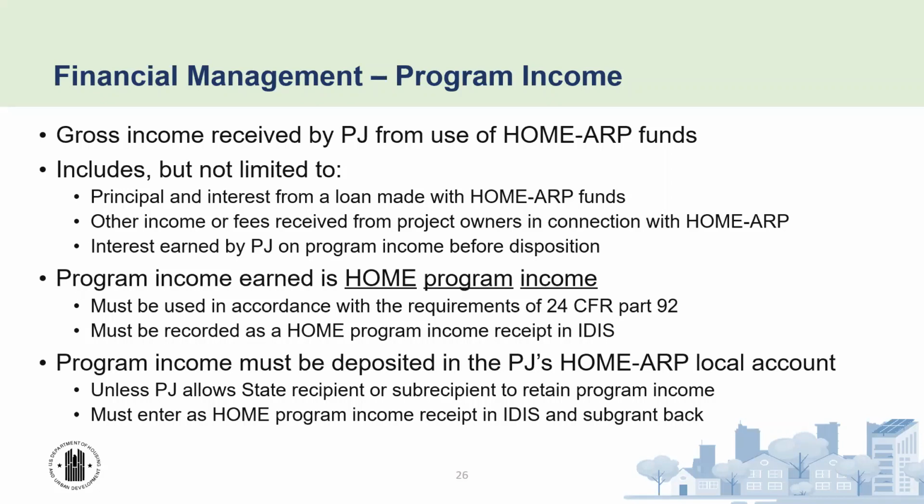For any HOME-ARP program income that the PJ allows a state recipient or subrecipient to retain, the PJ must record that as a HOME program income receipt in IDIS and then subgrant the program income back to the state recipient or subrecipient. Next slide, please.